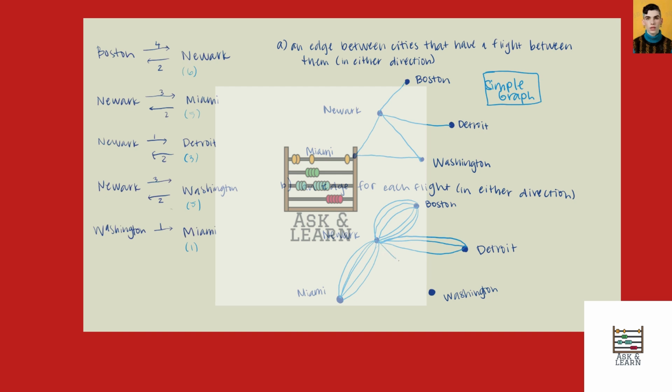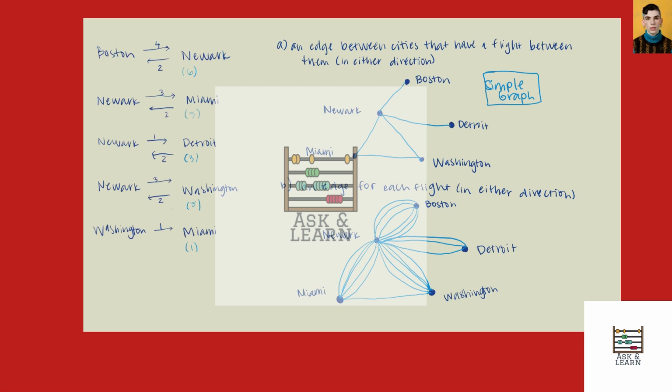Newark and Washington is 5. And then Miami and Washington just has 1. Again, try to make this as neat as you can, but at the end of the day, you need to have the total number of flights between each city, that number of edges, excuse me.